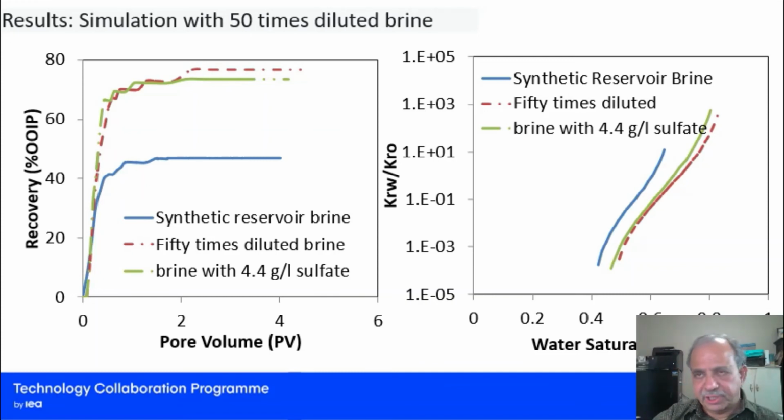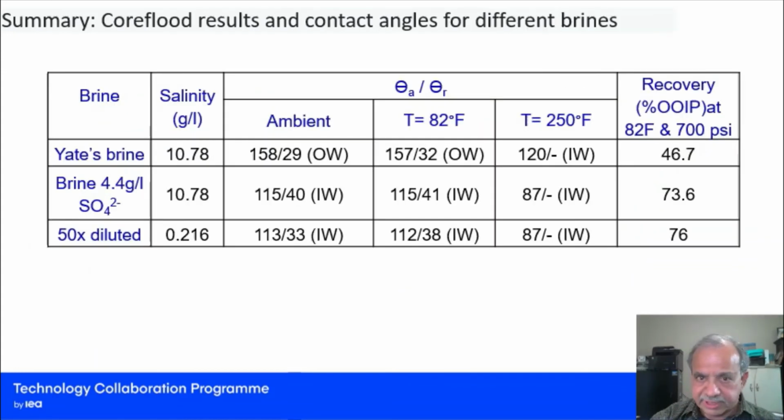We know from our own lab and other labs, there are enough publications to indicate that oil recoveries are optimum in the intermediately wet state, better than even the water wet state. So this confirmed the same results as in the past as well.